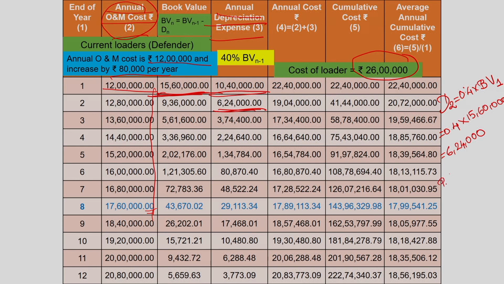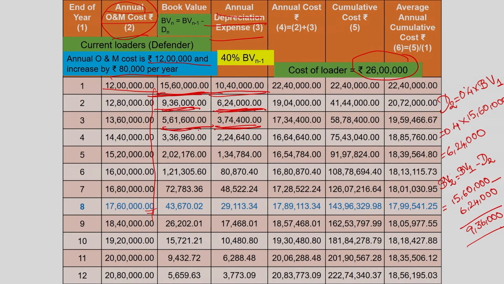Now calculate the book value at the end of the second year. It is nothing but the book value at the end of the first year minus the depreciation for the second year. That is 15 lakh 60,000 minus 6 lakh 24,000, which gives you the book value at the end of the second year as 9 lakh 36,000.